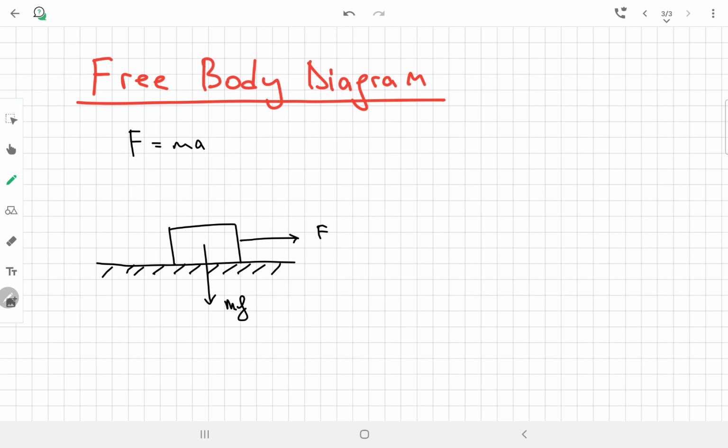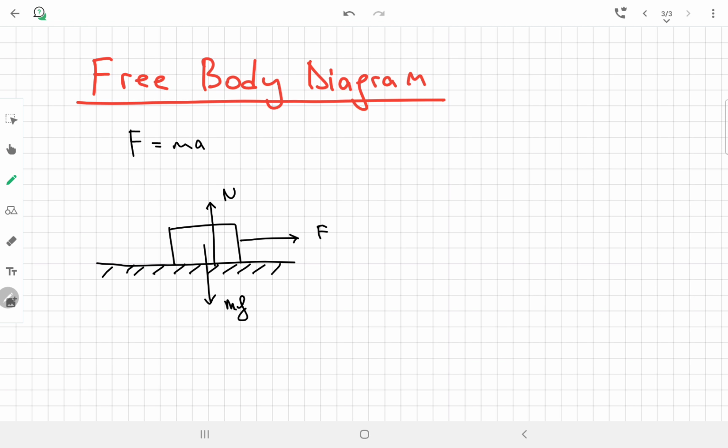It can move only in the horizontal direction. And there is something that is holding this object, and we shortly call this force the reaction force or normal force. That's why it cannot move downward. So that's all. We did the free body diagram for this simple problem.